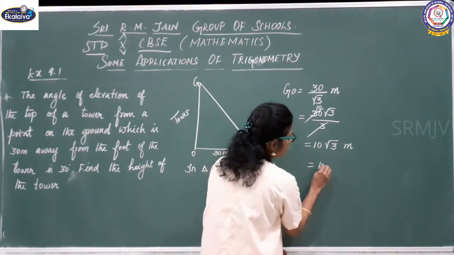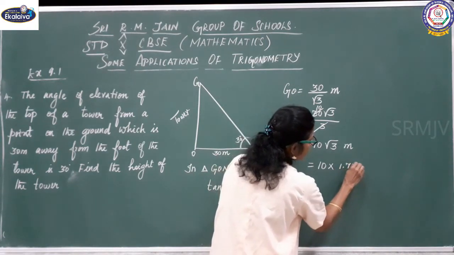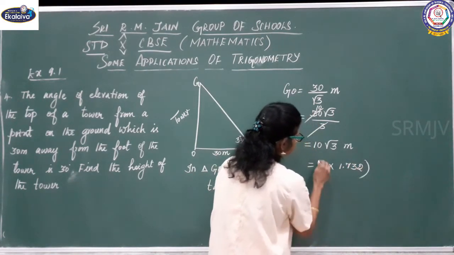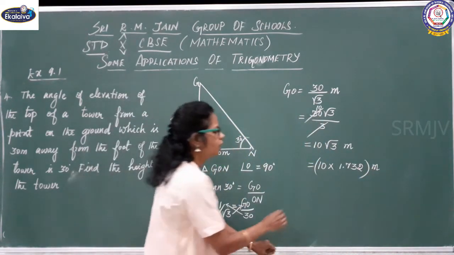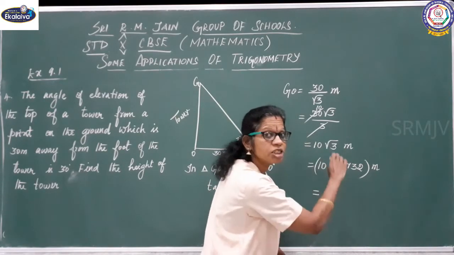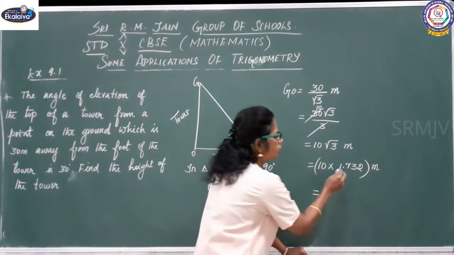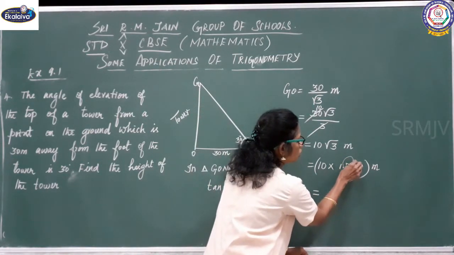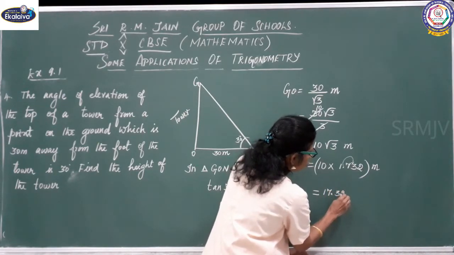How to find that? 10 into root 3 value is 1.732. Root 3 value is what? 1.732. Then what it is? When you multiply by 10, the decimal move towards right. That means this point will move to here. Then the value it becomes 17.32 meter.